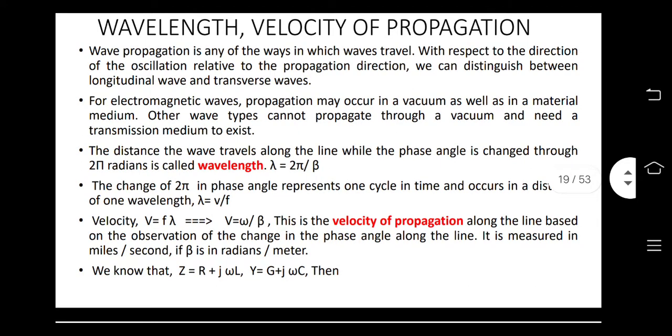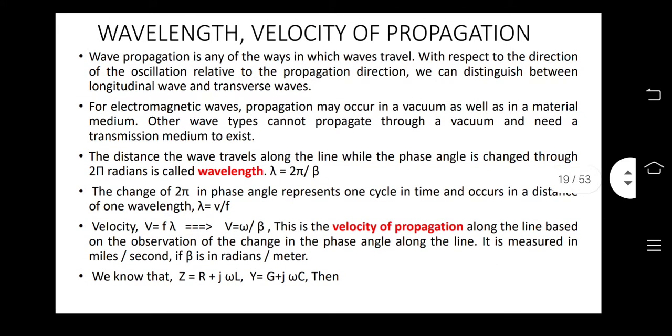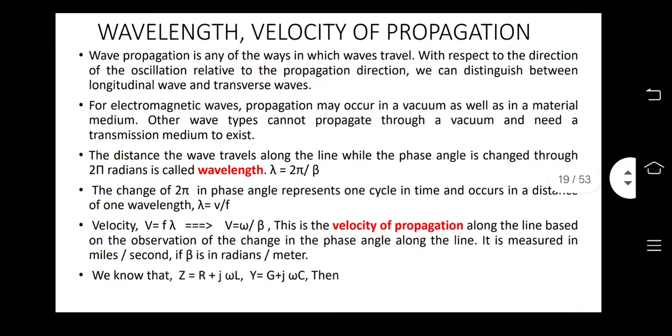So this is the velocity of propagation along the line based on the observation of the change in the phase angle along the line. It is measured in miles per second if beta is in radians per mile.